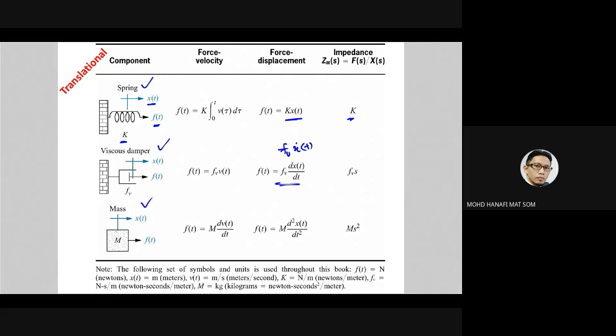The impedance of this viscous damper is fv s.